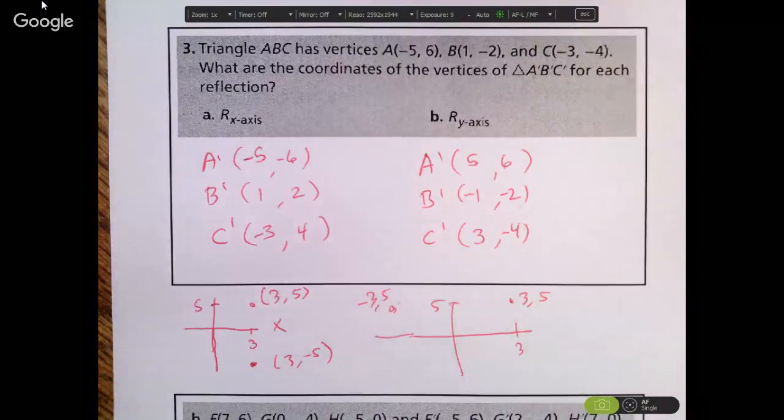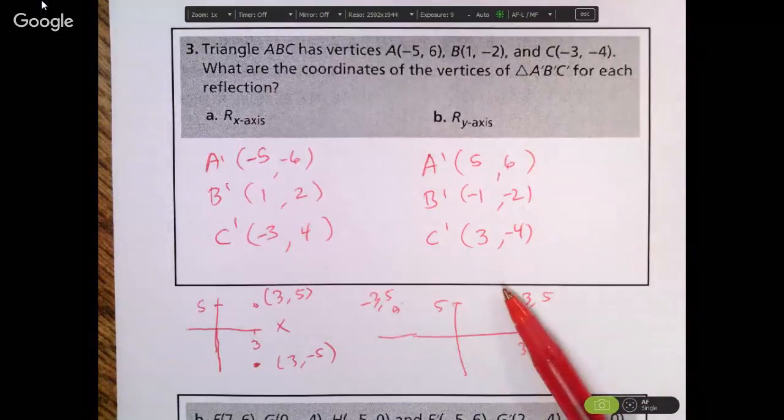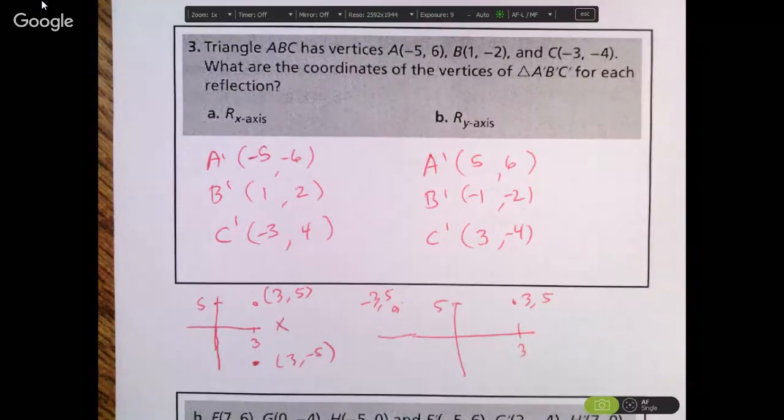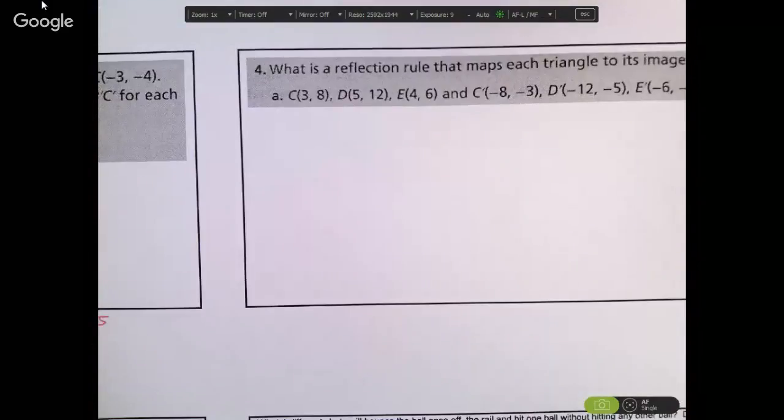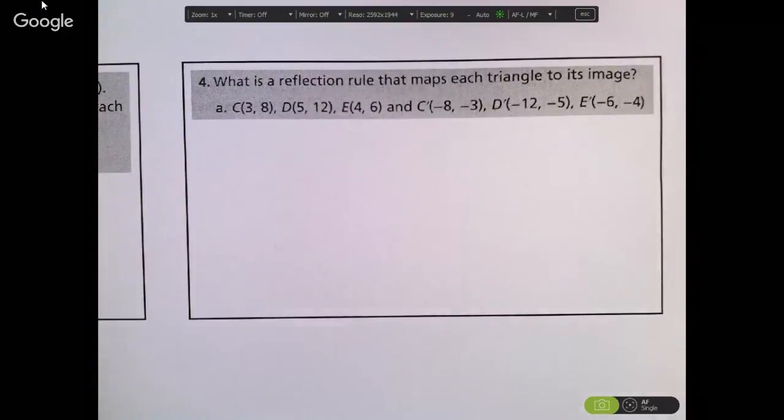In the textbook, that's how they kind of solve this, is that they graph it and then they look at it. But we know that rule, so we can kind of bypass that. So they can give us the rule and ask us what happens, or they can give us the points and say, this is the reflection, you come up with the rule.